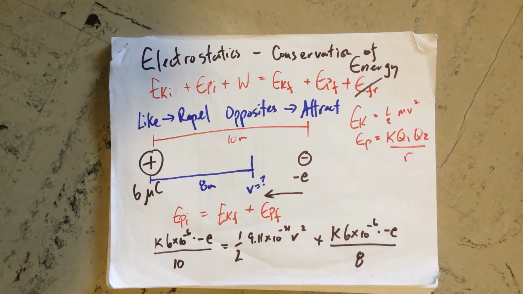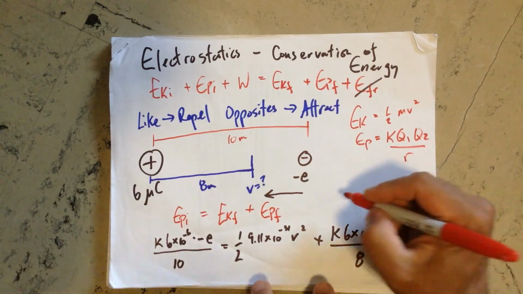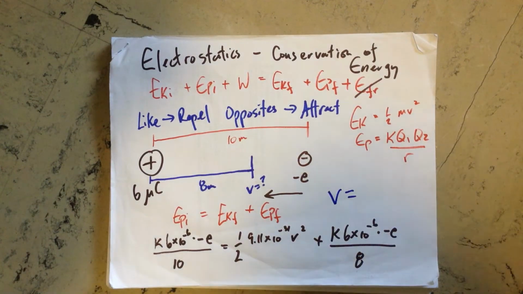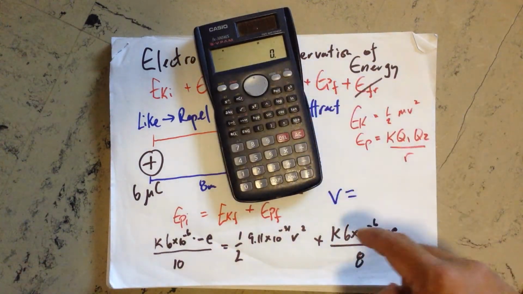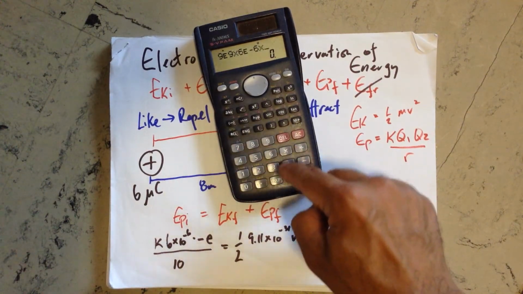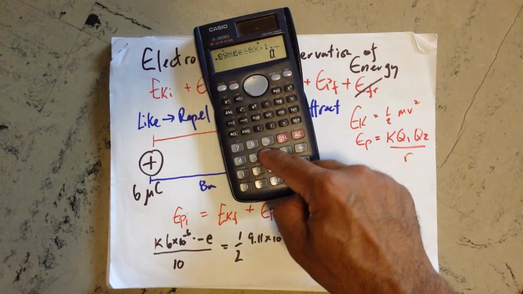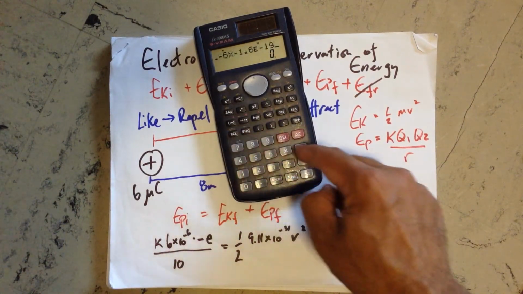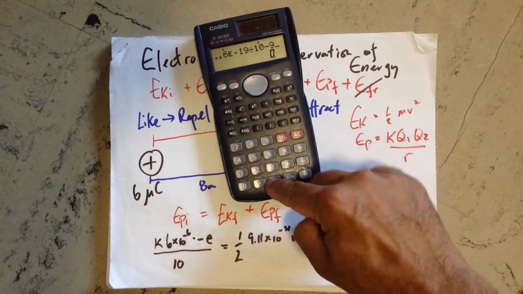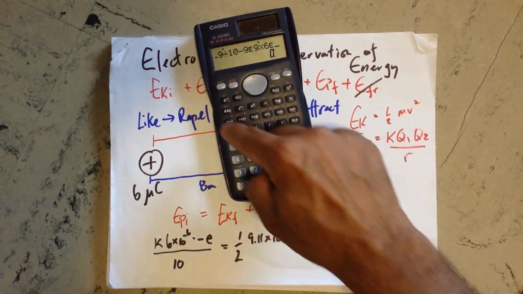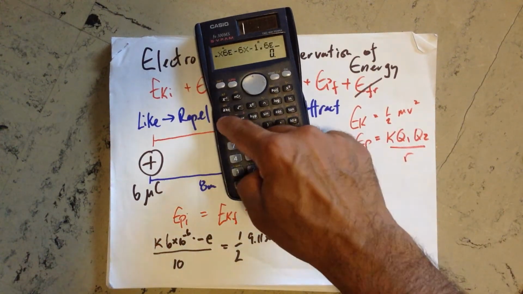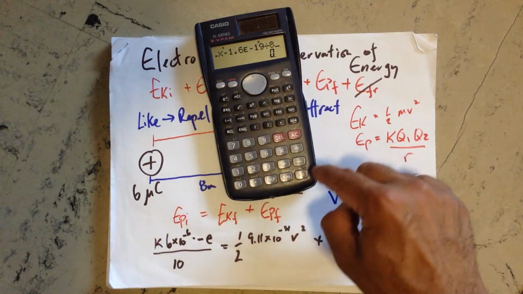So now we can solve for our speed by punching all this in. It's going to be a bit of an ugly calculation for a minute. 9 times 10 to the 9 times 6 times 10 to the negative 6 times negative elementary charge, all over 10 meters, minus, again, negative elementary charge over 8 meters.